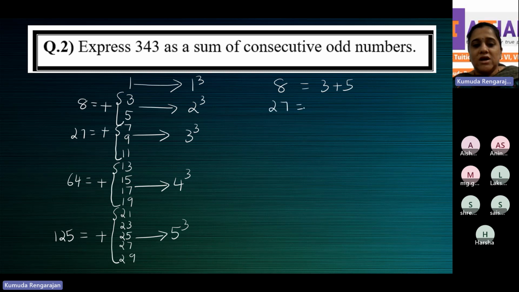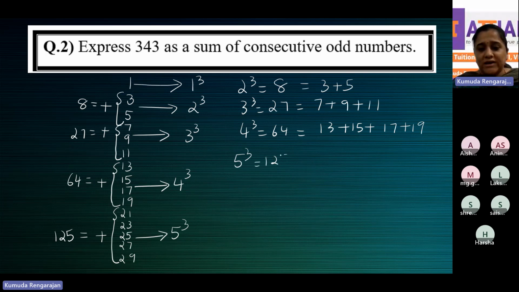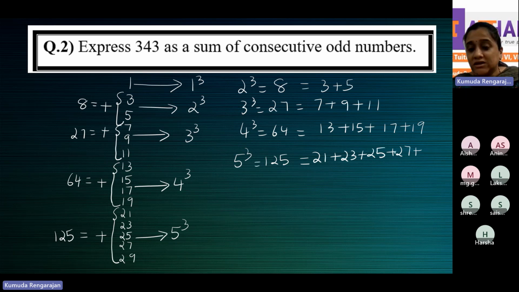What is 27? 27 is the sum of the odd numbers 7, 9, and 11. 3 cubed, which is 27, is the sum of these 3 consecutive odd numbers. 4 cubed, which is 64, is the sum of these 4 consecutive odd numbers. 5 cubed, which is 125, is the sum of these consecutive odd numbers starting from 21.